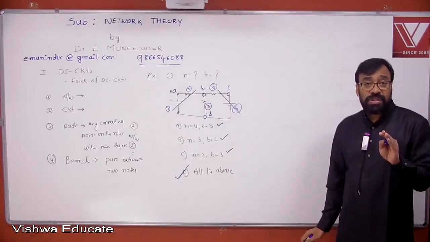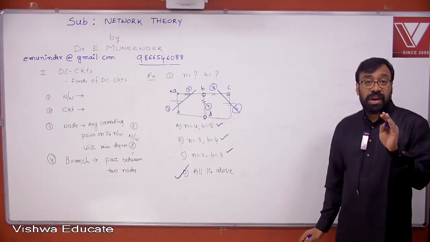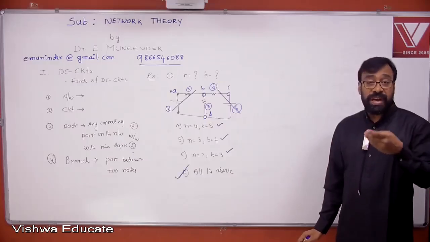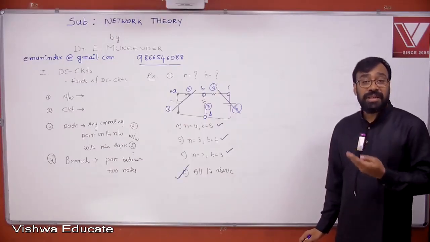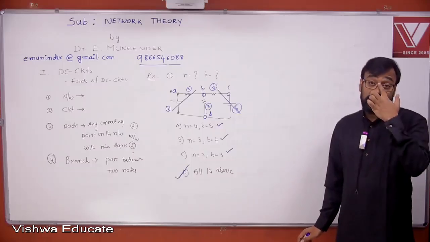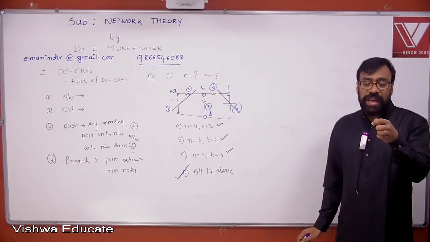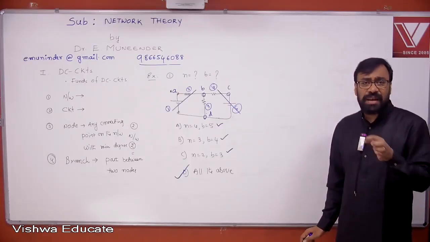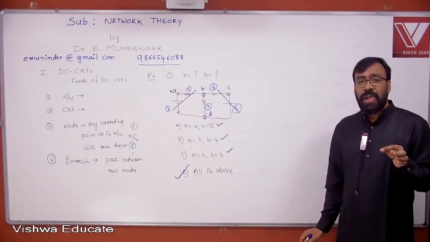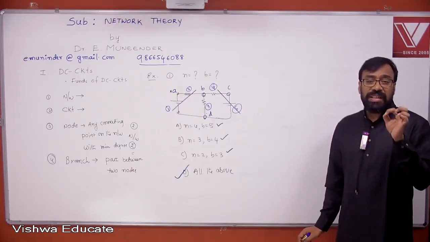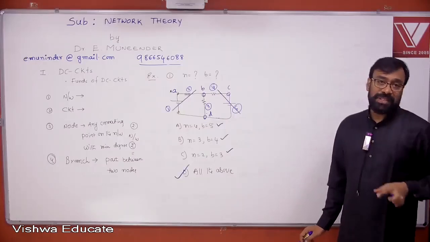The concept here is very simple. The number of nodes and number of branches, the count may not be unique. You may get one answer, I may get another answer, and somebody may get some other answer. It all depends on how you are counting, especially when there are series connected elements.